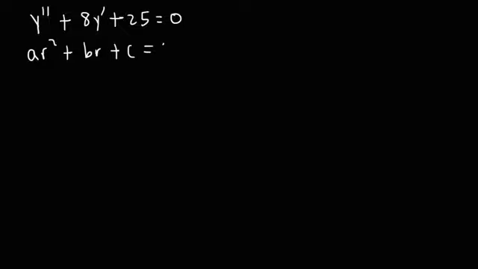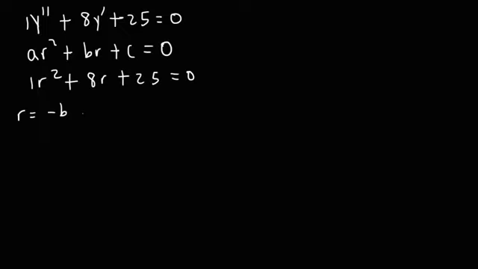So let's write this formula first. We could see that a is equal to 1, b is 8, and c is 25. Now to find two numbers that multiply to 25 and at the same time add to 8, that's not going to happen. So we can't really factor this expression, which means we need to use the quadratic formula.